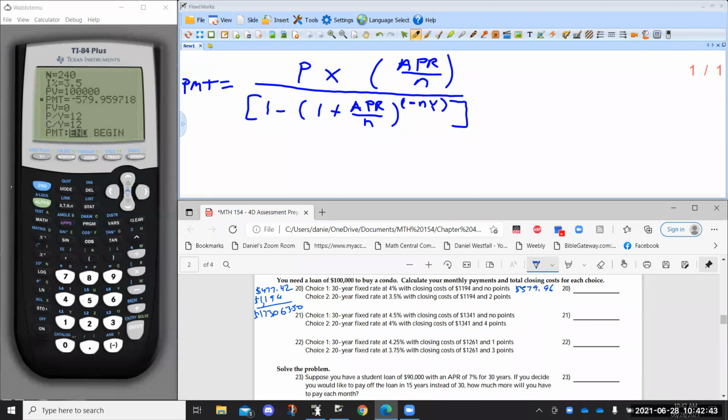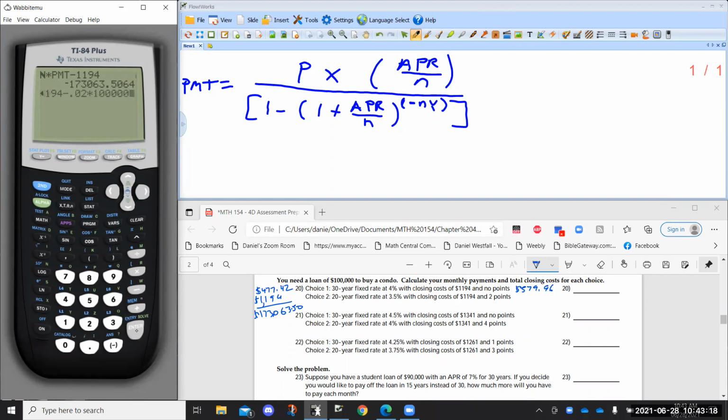I'm really not going to use that payment though. What I am going to do is use this, minus 1194, and I need to also pay 2% of the $100,000 that I want to borrow as well immediately.